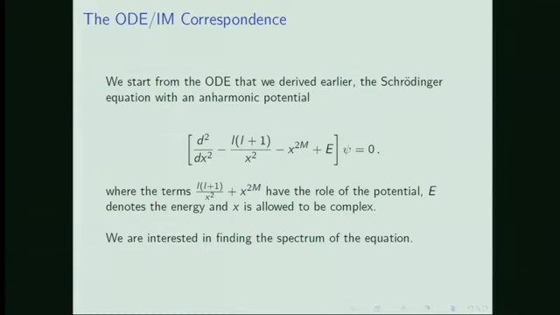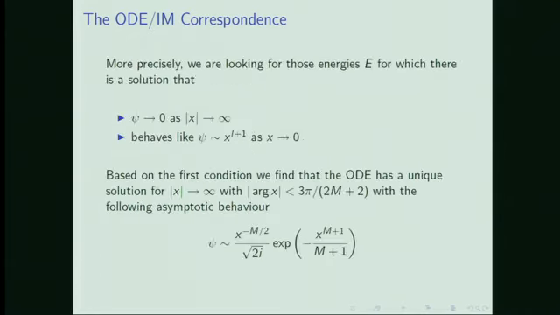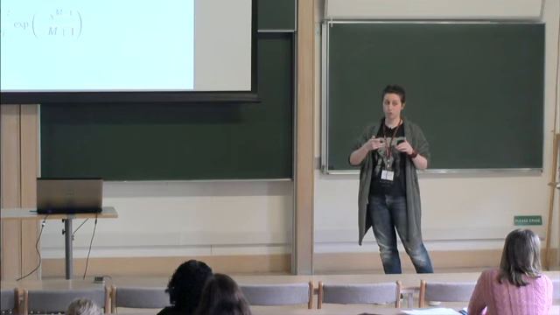As I said, this is the potential term, this is the energy, and x is allowed to be complex. We will be interested in finding the spectrum of this equation. More precisely, we are interested in those eigenenergies for which there is a solution that decays when x is large and behaves like this when x goes to 0.